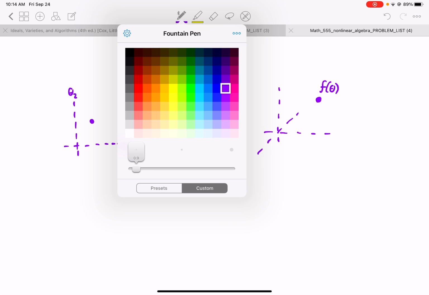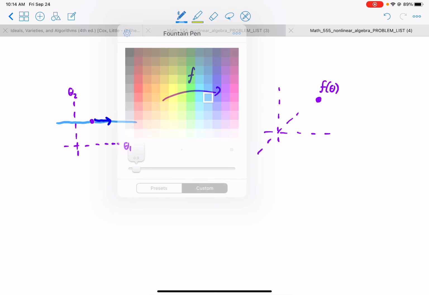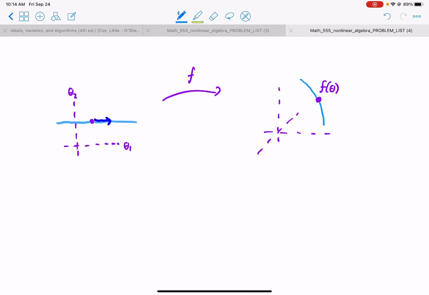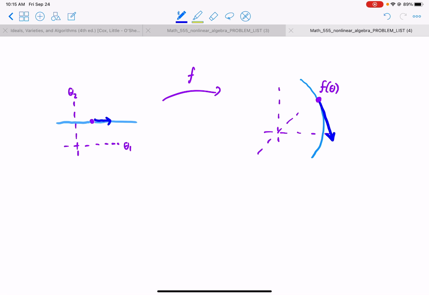Then imagine running along this blue line with velocity this blue vector. That blue line goes somewhere nonlinearly on the sphere with velocity maybe this blue vector. And that's why the derivative with respect to theta 1 gives you a tangent vector, one of the basis vectors of the tangent space, because the image of the map is our object.